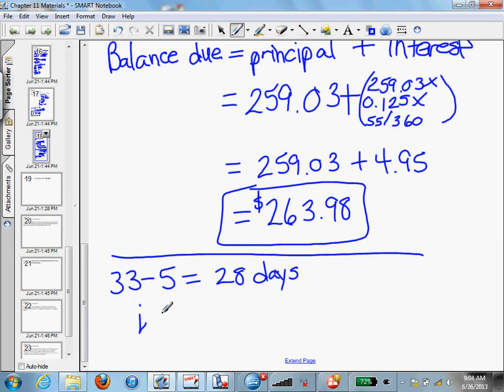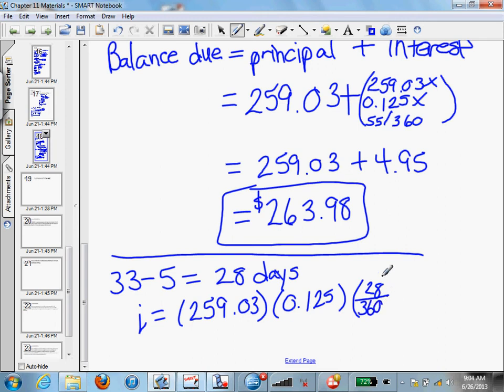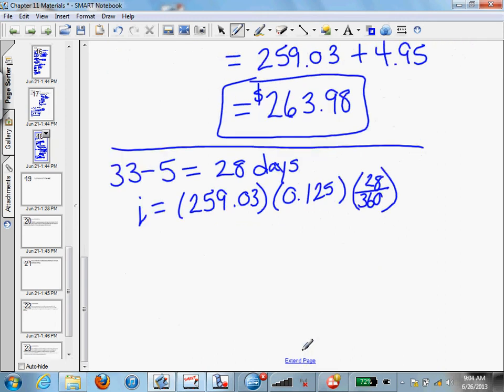So you use your interest formula, I equals $259.03 times the interest rate of 0.125 times the number of days over the total days of the year. So for that, the interest is going to be about $2.52.